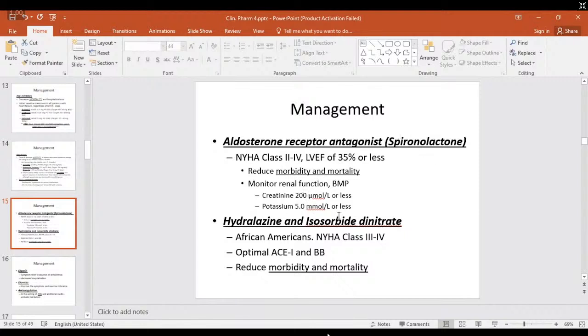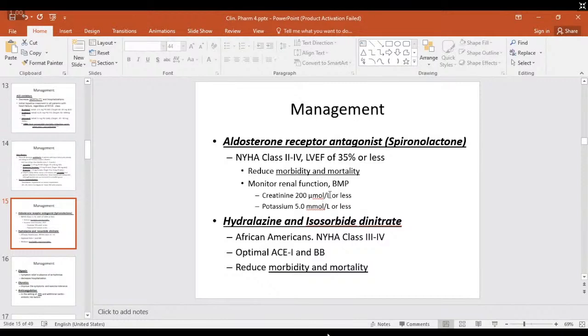Also in patients with hyperkalemia, so high potassium levels, because when treated with spironolactone, such patients can get severe hyperkalemia, which can be a life-threatening condition.